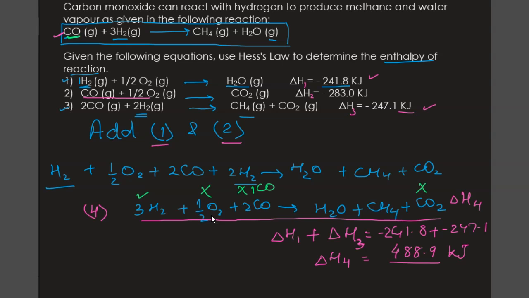Now, we would see that this is present in the second reaction. We have one carbon monoxide that we want to get rid of from the fourth reaction. We have half oxygen that we want to get rid of in the fourth reaction, and we have a carbon dioxide that we want to get rid of.